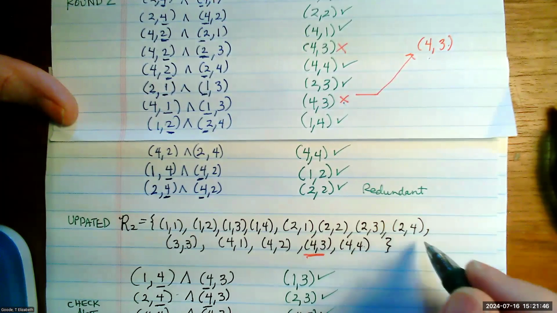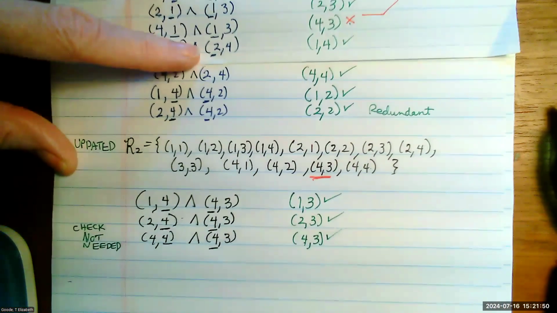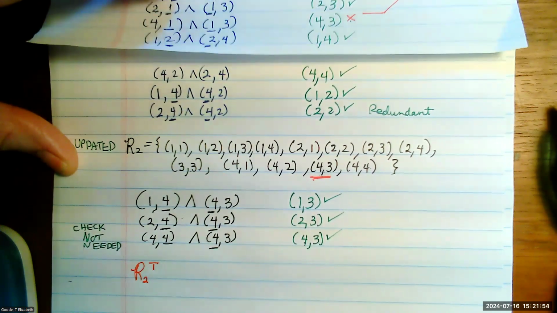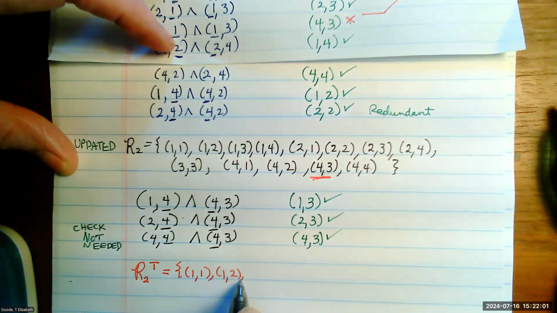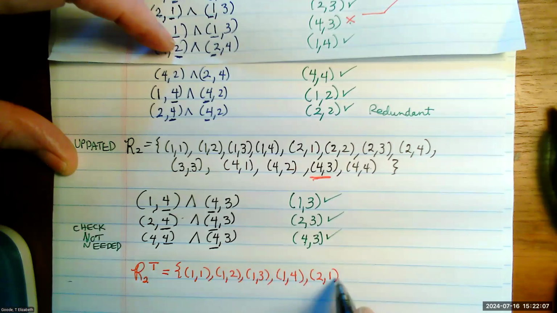So I think this is our final R2. Our final answer, R2 closed under transitivity, is in fact this kind of interesting big relation, but it is not quite all of A cross A, is it?